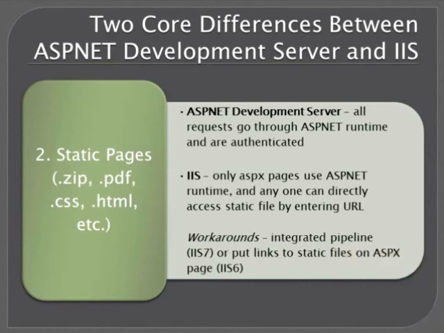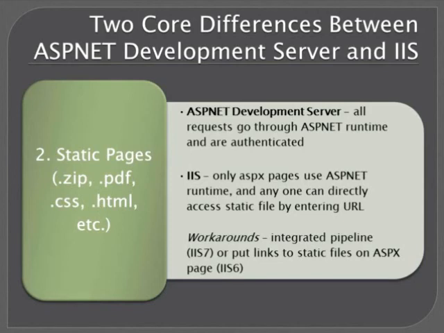So there are two workarounds for this. One is that if you use IIS 7, you can use an integrated pipeline to make sure that everything goes through the ASP.NET runtime.